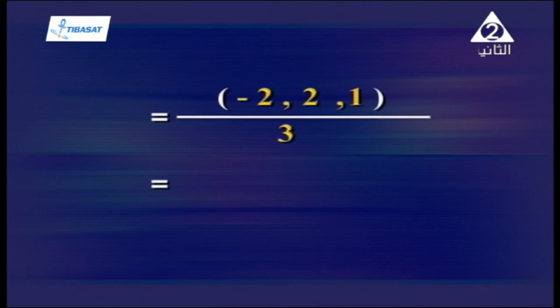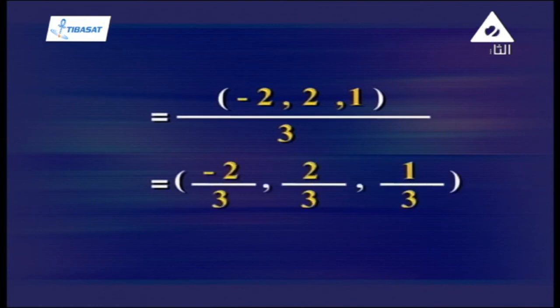Then we divide each component by 3: x over 3, y over 3, z over 3. Then the unit vector becomes (-2/3, 2/3, 1/3), the unit vector in the direction of the A vector.